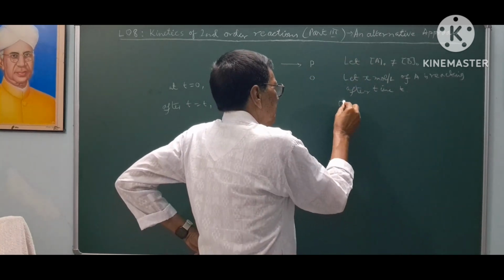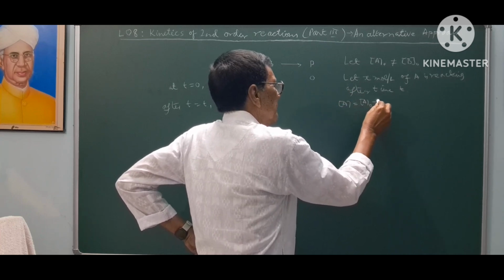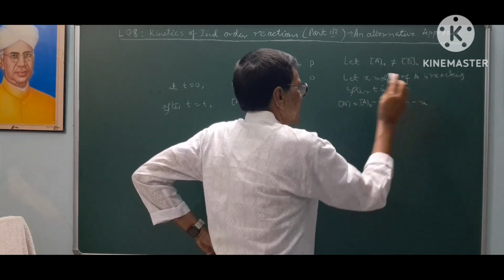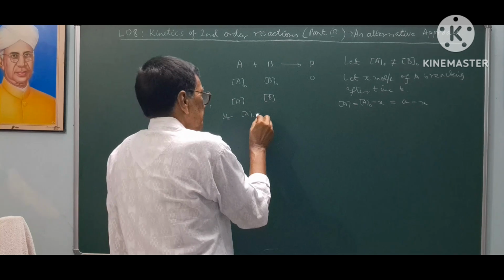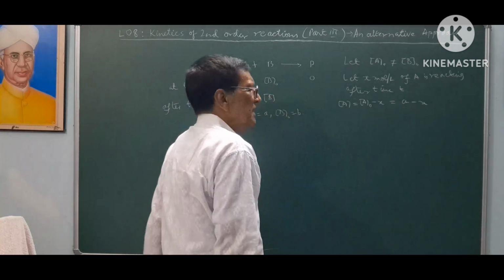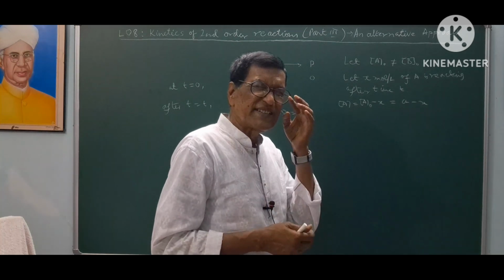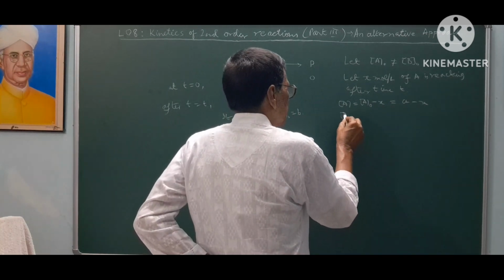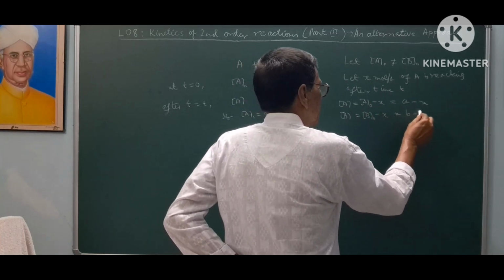So the concentration of A equals A0 minus x, or you can say A minus x, if A0 is taken as A and B0 is taken as B. It is better to write A and B. These are the initial concentrations of the reactants, and they are not equal for this type of reaction. So the concentration of B is also B0 minus x, equal to B minus x.